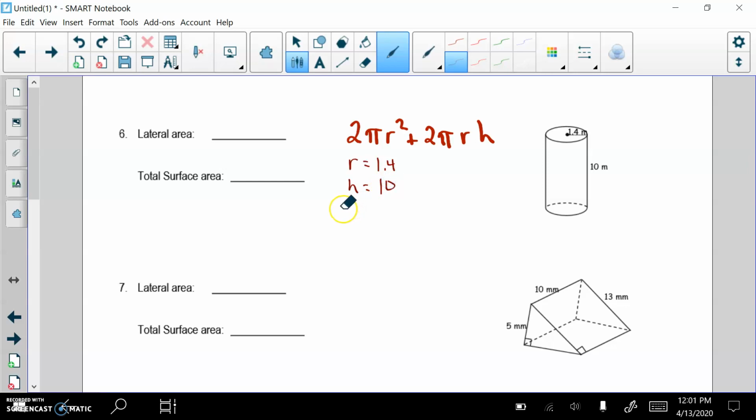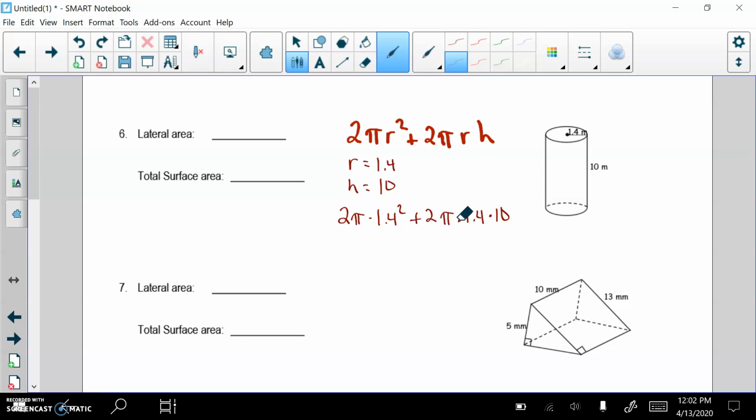So that means I need to calculate 2 times pi times 1.4 squared plus 2 times pi times 1.4 times 10. I'm going to pick up my calculator. I'm just calculating the numbers.